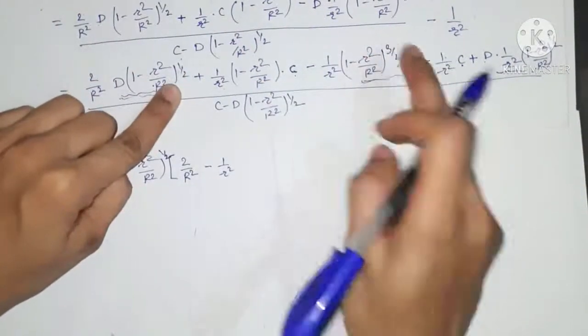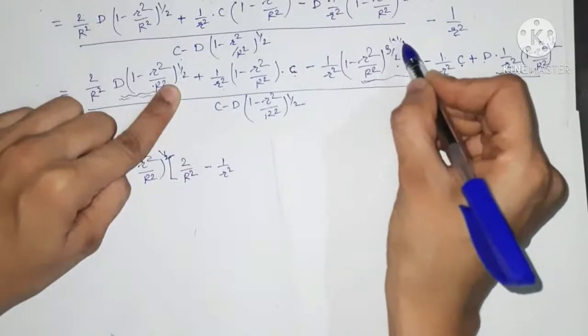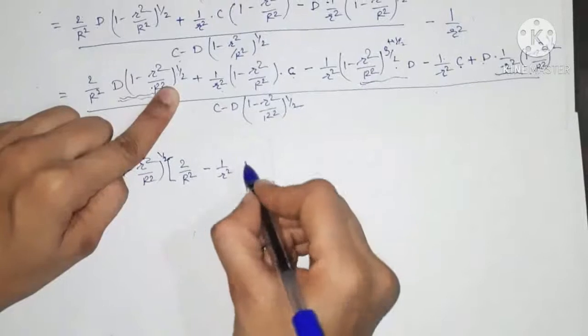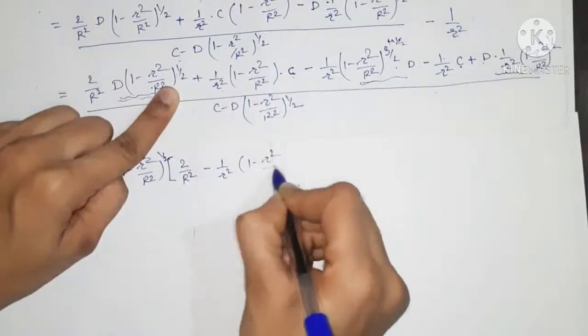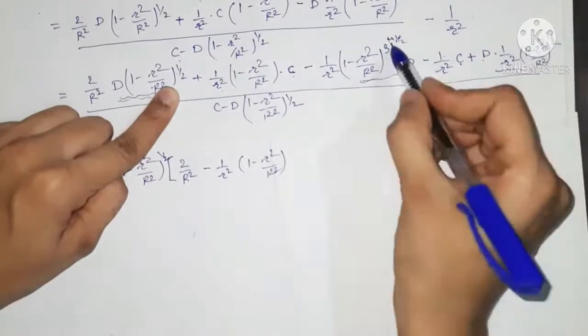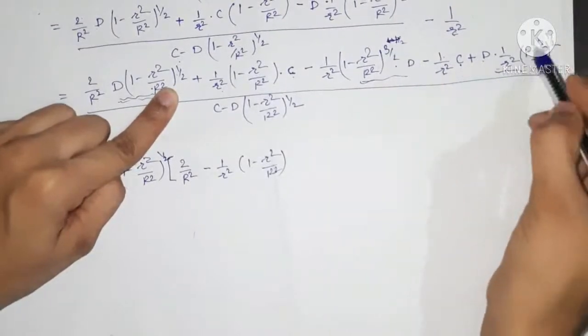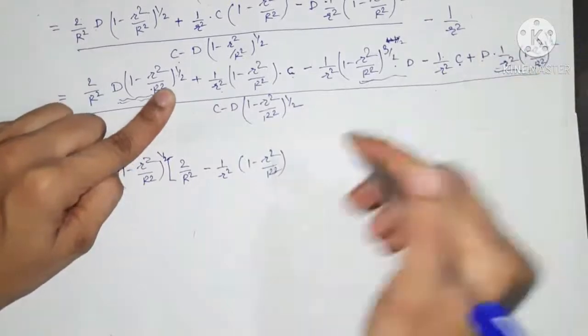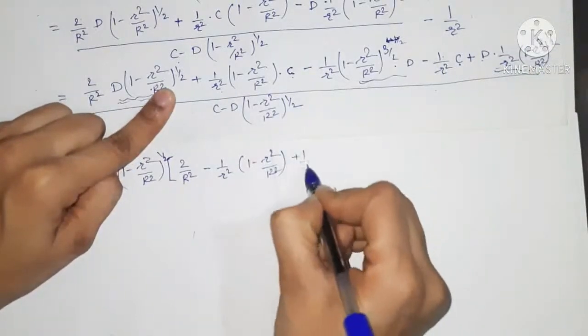So in bracket we remain with, this is 1 plus half. Okay, half is taken, so 1 is remaining. Okay, so one term is remaining, 1 minus r square upon capital R square, this is remaining. Okay, then from here we have taken (1 minus r square) to the power half as a common, so it remains with plus 1 upon r square.